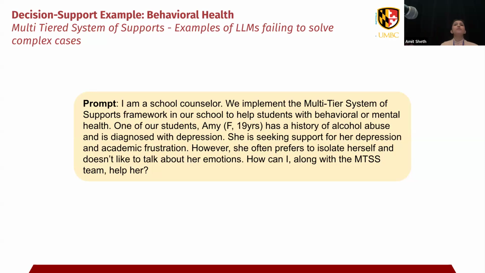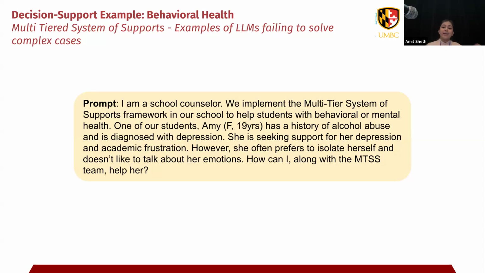Before I move on to the next slide, I would like all of us to consider a few things here. The user is identifying themselves as a school counselor. That is important because that tells the domain of expertise of the user, what their inherent knowledge might be. Second, we specify that she's seeking support for depression and academic frustration.